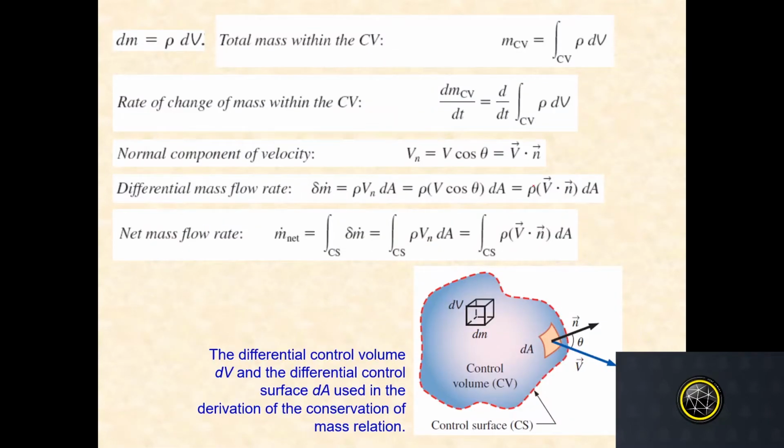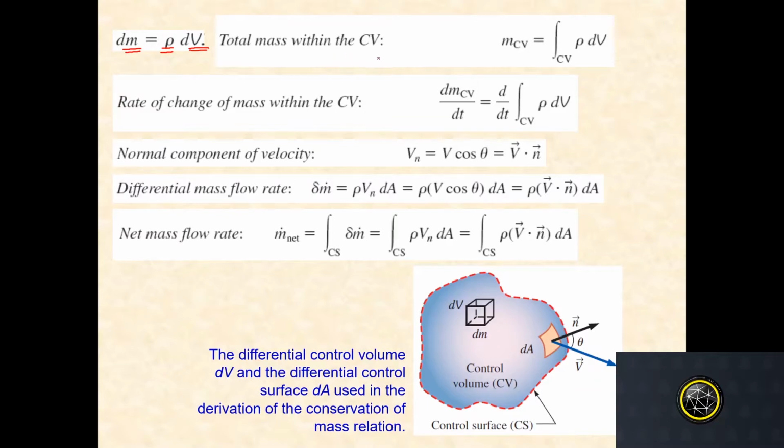Basically, this equation is quite similar to what we've seen before. We assume that the density is constant for this one particular case. So whatever change in volume will cause the mass to change as well.